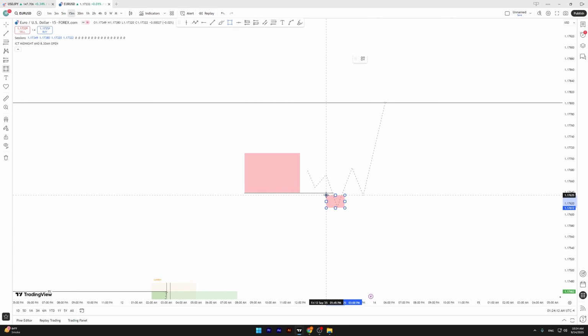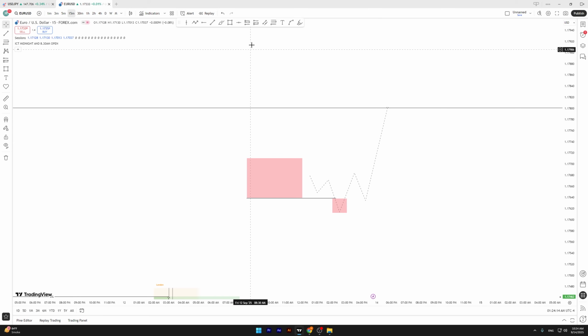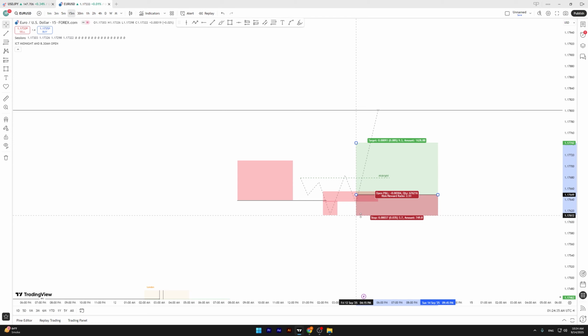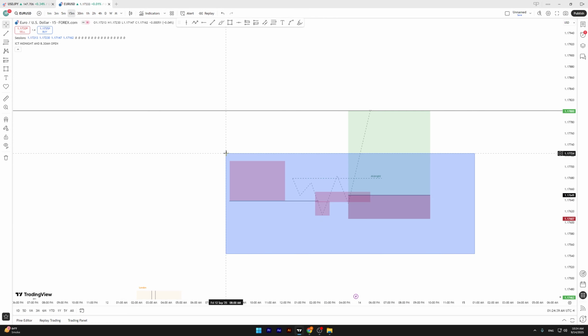Price created this manipulation, and then this is the midnight open. I will wait for a price to trade below the midnight open if I am bullish, and then I will enter on FEG or IFEG, and then I will target the high. So this is basically my entry model.